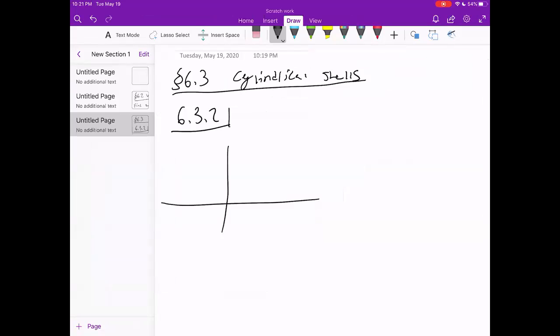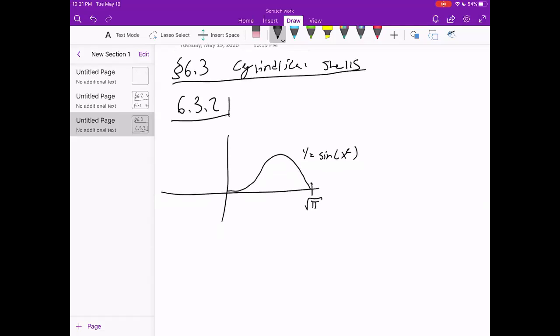So they give us this graph here. This is y equals sine x squared, and this here is the point radical pi. They say, okay, sketch an approximating shell. What else do they want us to do?